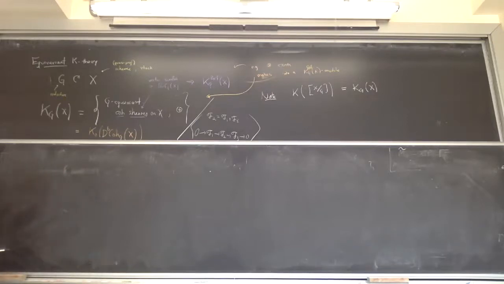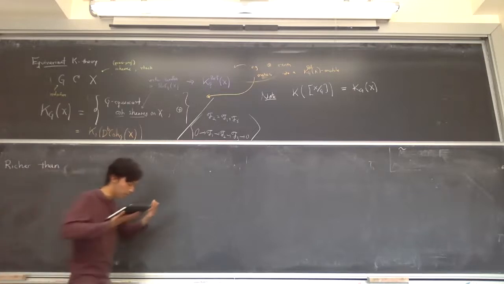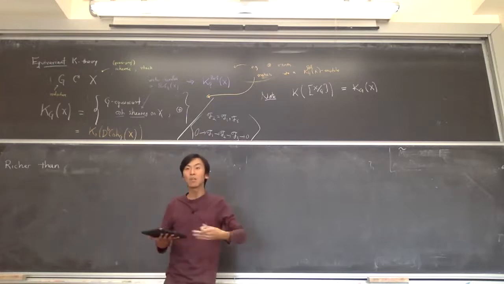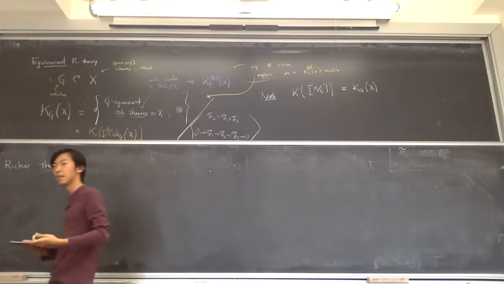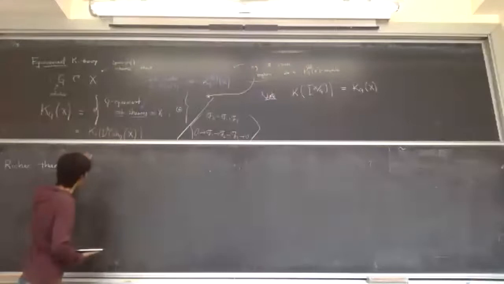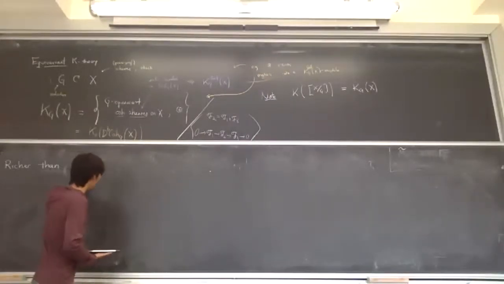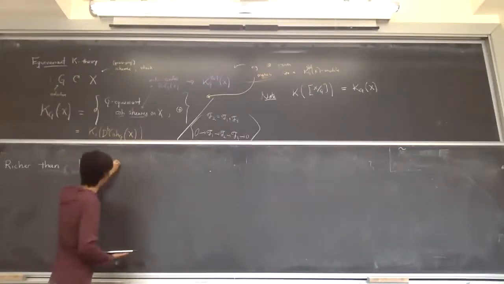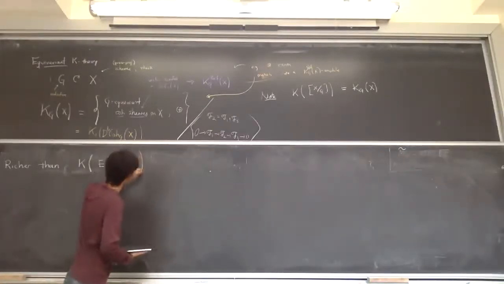Okay, so this group, KG of X, is richer than somehow the naive sort of thing that you might write down if someone asked you to define what equivariant K-theory is. Namely, maybe knowing equivariant cohomology, you'd be tempted to say, well, it should be the ordinary K-theory of this construction due to Borel, where you take the universal bundle over the classifying space, and you take this associated X bundle.